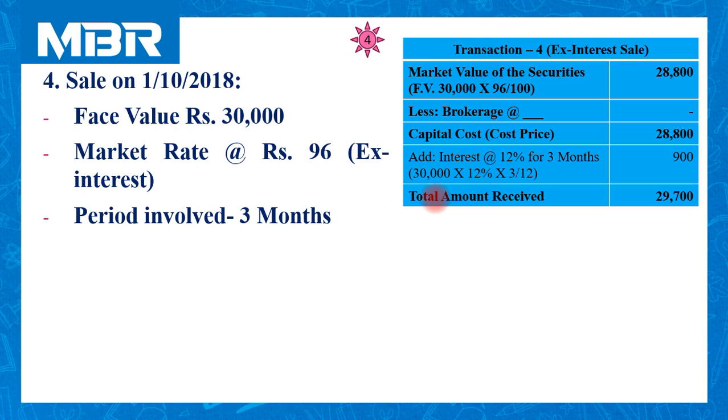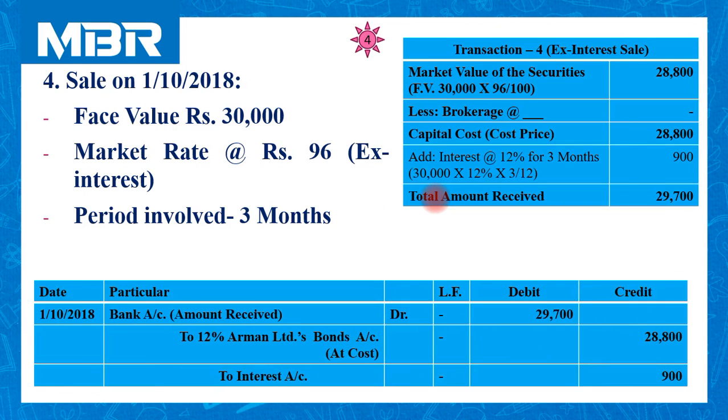So pass the journal entry. Bank account is debited with the total amount received, 29,700, to 12% Arman Limited's bond account, or say investment account. It is credited at cost price 28,800, and the amount of interest received and included in this transaction, rupees 900.